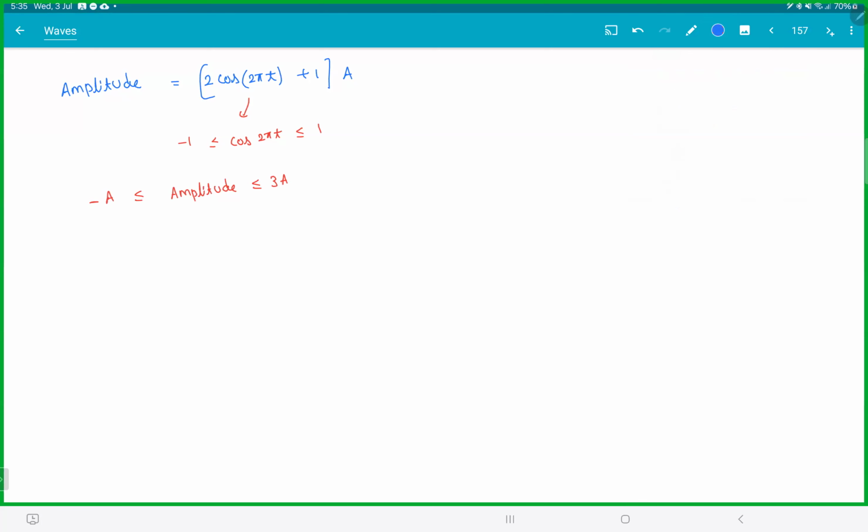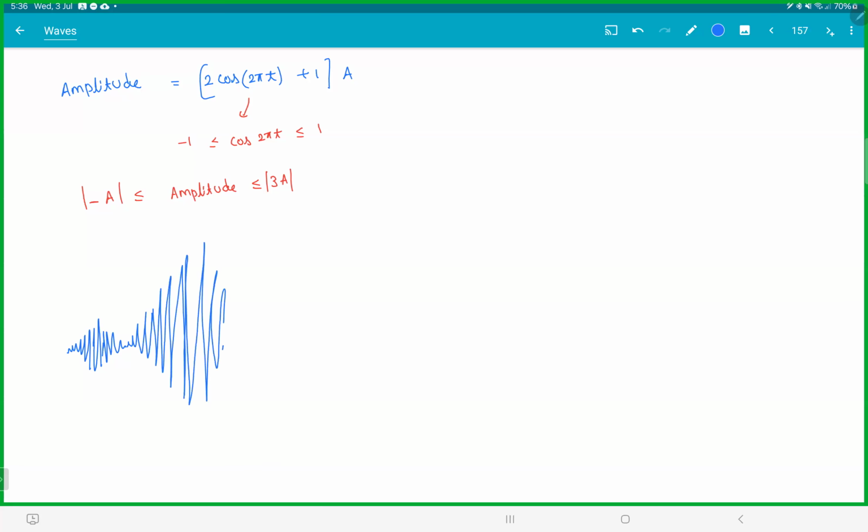Meaning if you try to plot this, it would look something like this. Again, for amplitude we are just taking the magnitude. So that is a, and the next one will go to 3a.